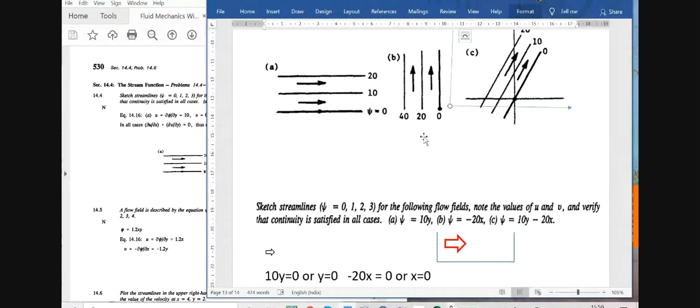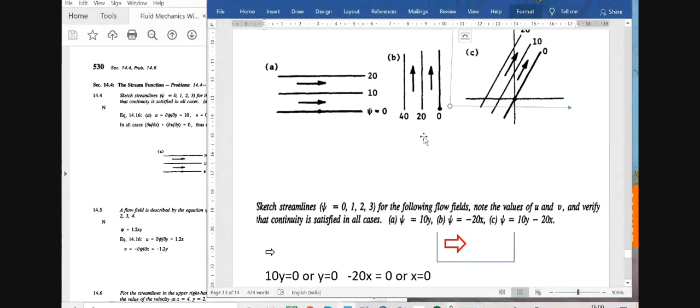U is equal to plus 10, isn't it? For the first case, what is u? Plus 10. So that means the velocity is in the positive x direction. Now for the second case, what is v? It is plus 20. Again positive. That means it is in the positive y direction.